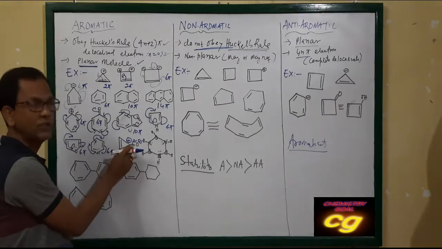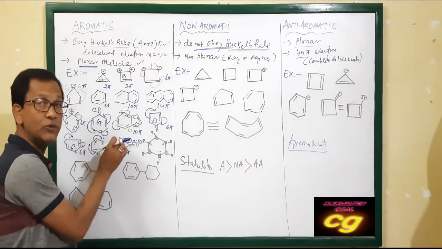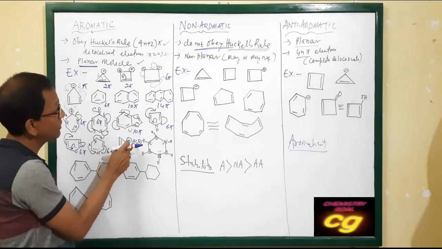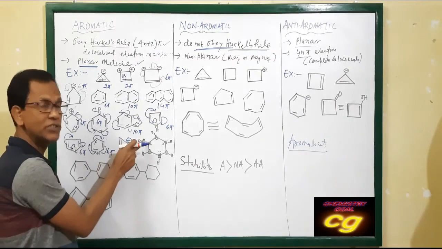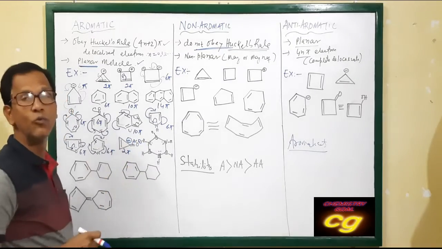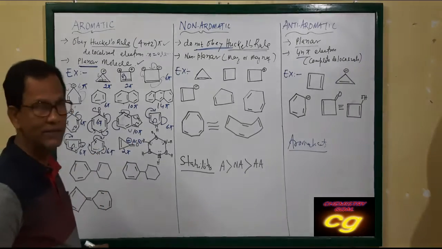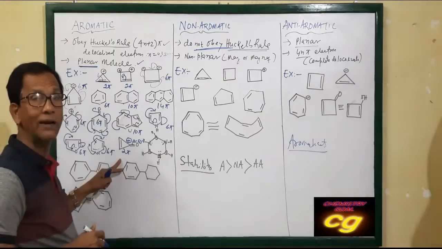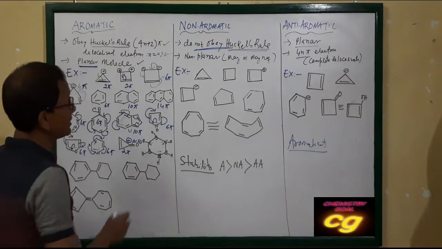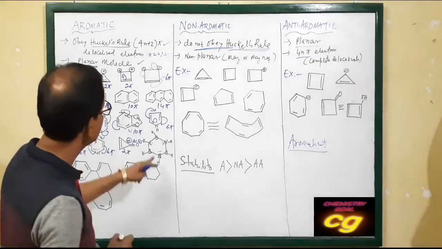Don't count this electron. Only inside the ring the total pi electron is 2 pi. And it is also delocalized because after the breaking of this bond towards oxygen, it becomes a negative charge and carbon becomes a positive charge. So it is 2 pi electron which is delocalized. That's why it is planar and also obeys Huckel's rule. And this is called inorganic benzene, borazine.